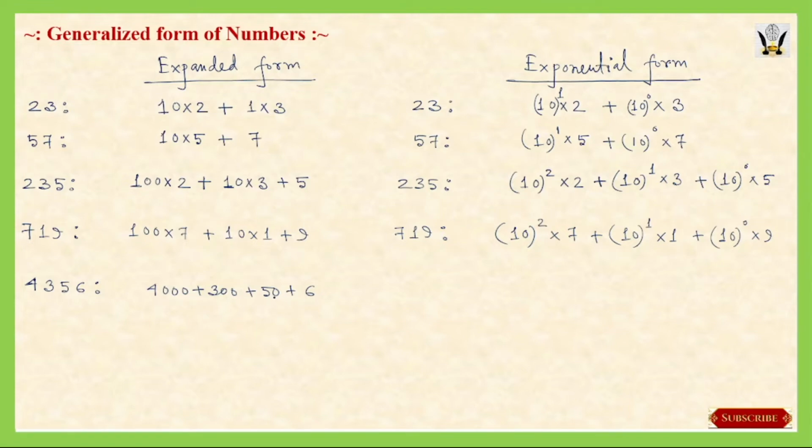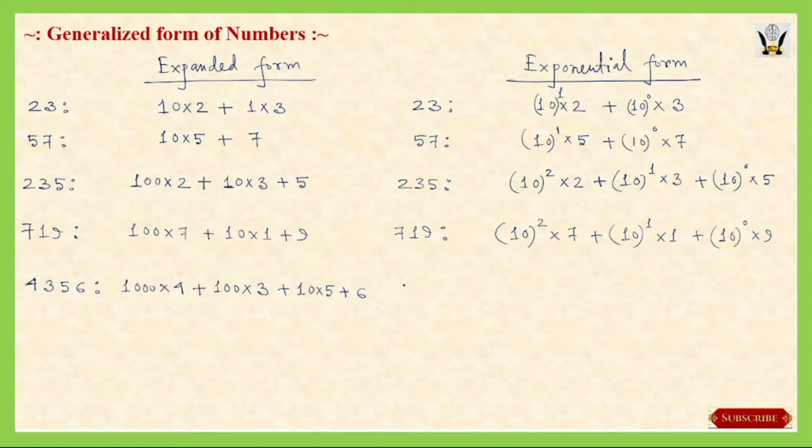Now we have to separately express this 4000, 300, 50 and 6 in expanded form. So 4000 means it will be 1000 multiplied by 4, then plus 300. So it will be 100 multiplied by 3, then 50. So it will be 10 multiplied by 5 and then 6. So it will be simply 6.